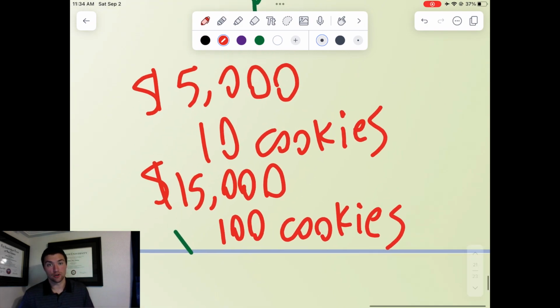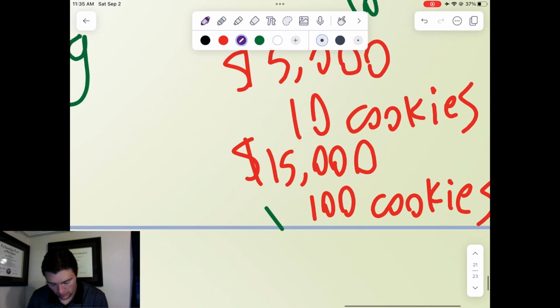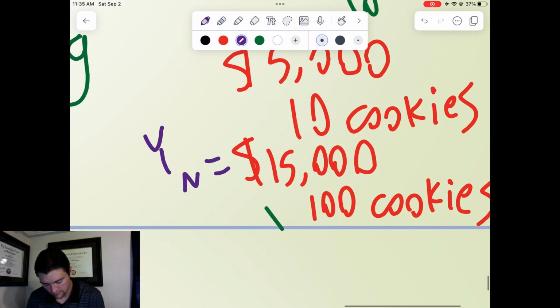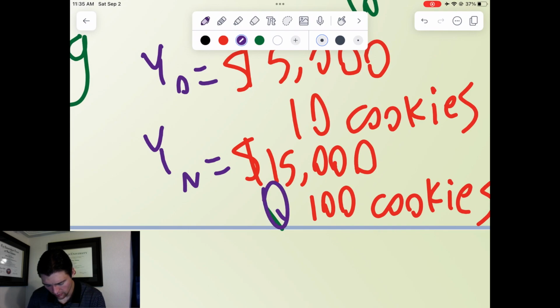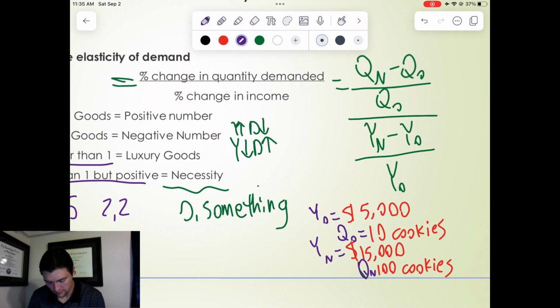Okay, so we have our new income, we have our old income, we have our new quantity, and we have our old quantity. So just like the elasticity formula, you'll plug it in, you'll go straight down, you'll subtract, and then you'll divide.